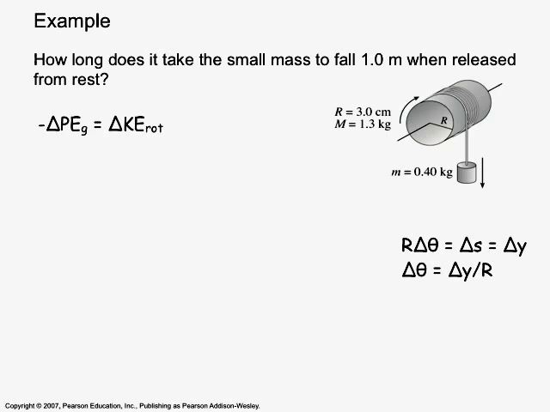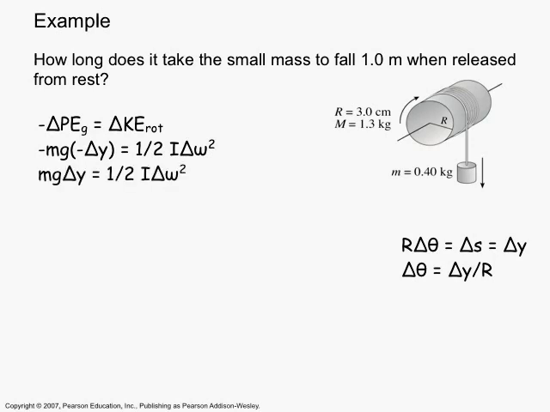The negative signs for the loss of energy and the loss of height, negative delta y, cancel out. So all our equation balances in signs. I is equal to mr squared times delta omega squared. Rearranging the terms, 2mg delta y equals mr squared times delta omega squared.